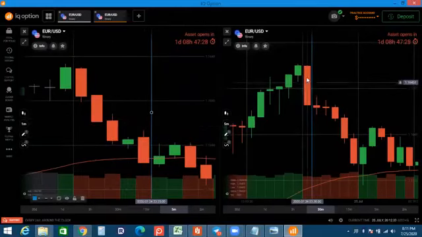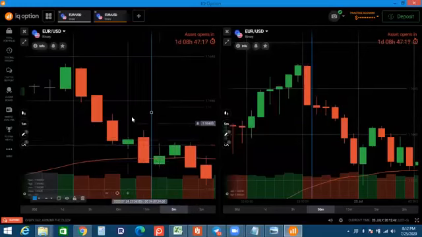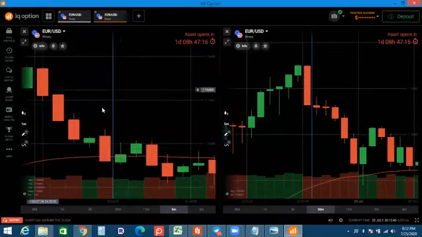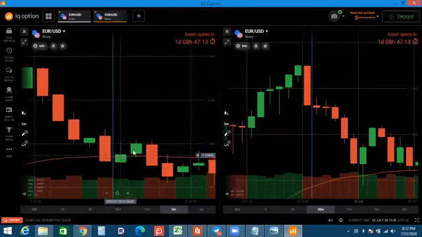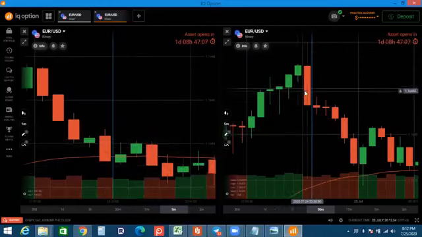So in the 5 minute, what did I find? An engulfing candle. Yes. Don't expect the market will go up from here when you are on the 1 minute, because in the 5 minute there is an engulfing candle. You will see the green candle, but that is a trap. The market will go down because there is an engulfing candle.